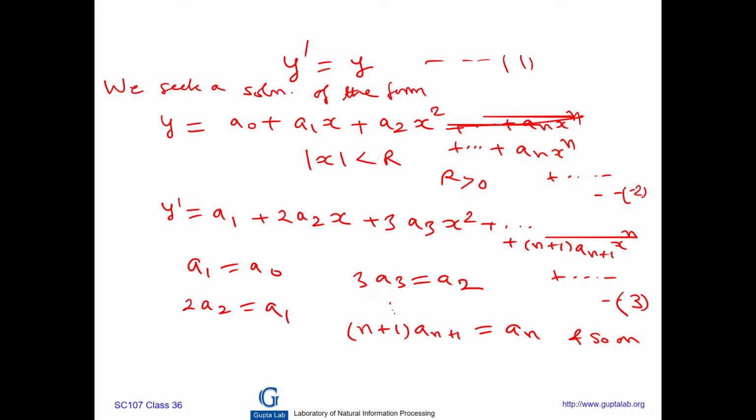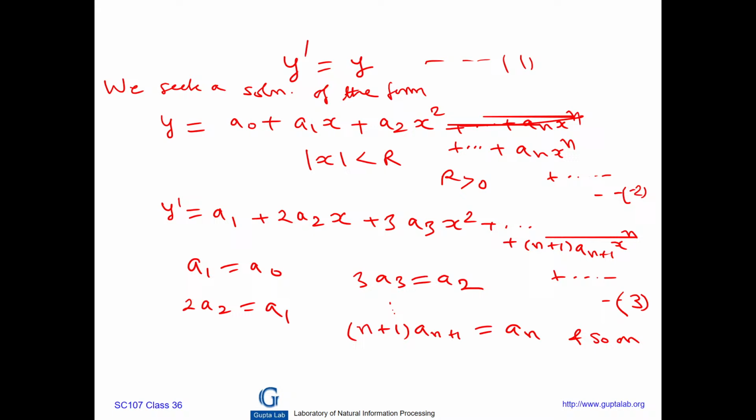Once we have this, observe it's something really interesting. The coefficient a naught, I am not able to find its value, so I need to take it as a constant, there is no other choice. But a1 can be expressed in terms of a naught. What about a2? a2 is a1 by 2 and a1 is a naught, so a2 is a naught by 2.